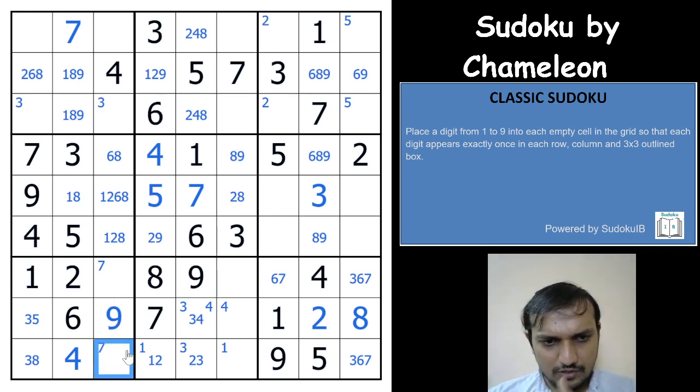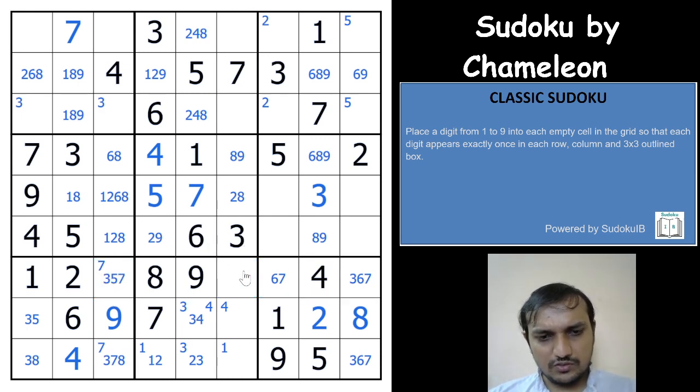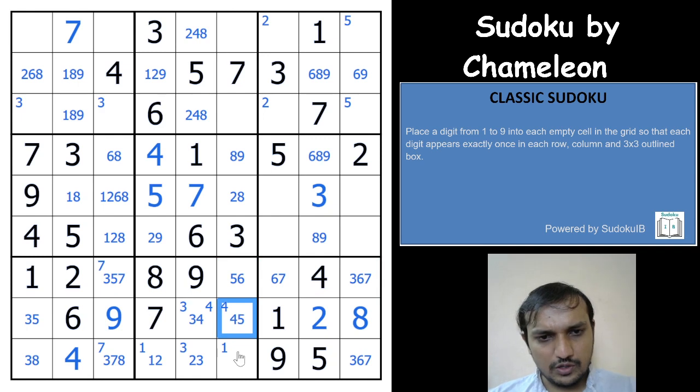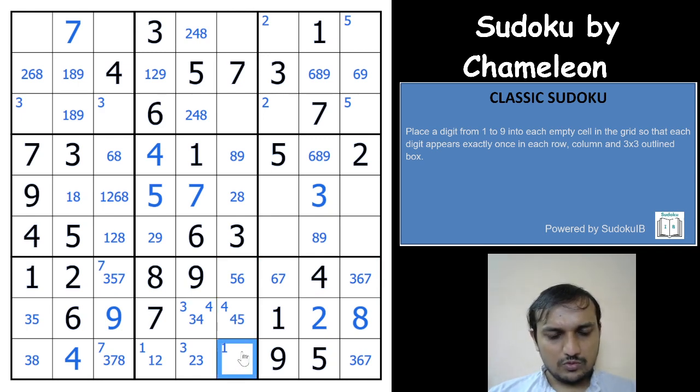3 5 7 and 8. 5, this is 3 7 and 8. 8 3 7 and 5. 3 5 6 and 7. 3 7, this is 6 and 5. 3 4 and 5, so this is 4 and 5. So 3 4 5, 1 2 and 6, right?